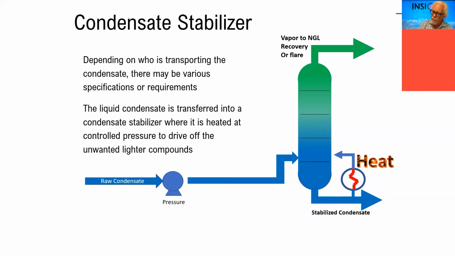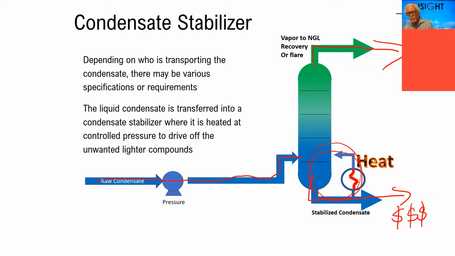So, raw condensate or field condensate will come into the tower as a liquid. It's recirculated and heated. There's a distillation process going on here. So the light vapor ends go to the overhead, and the saleable liquid, this is the stuff that we're going to try to push out to the pipeline for dollars, comes out of the bottom end of the stabilizer. The question is have we optimized the dollars and does it meet all the specs?